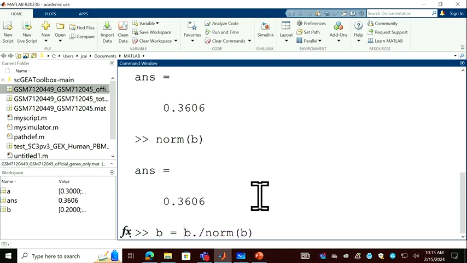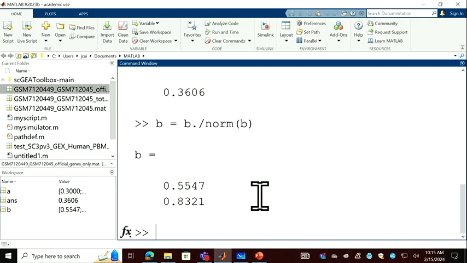If I run this, I'm not changing the direction of b, but I just make it longer, let it land onto the unitary circle. Actually, it makes it longer after dividing by the norm.